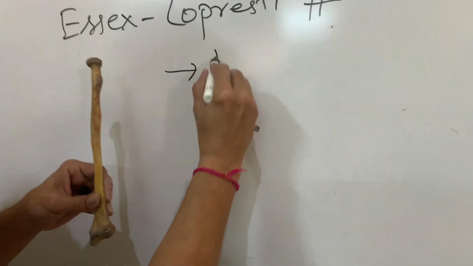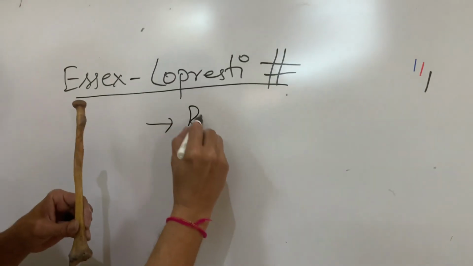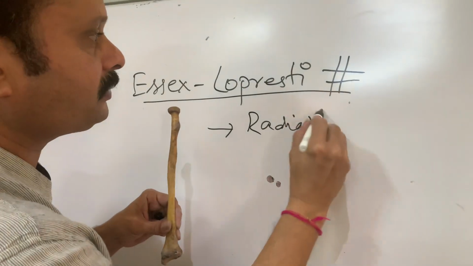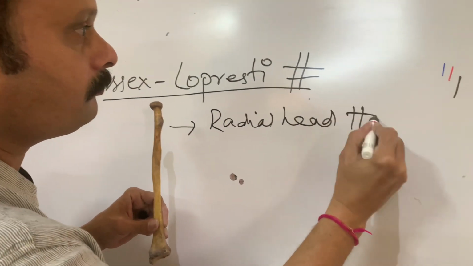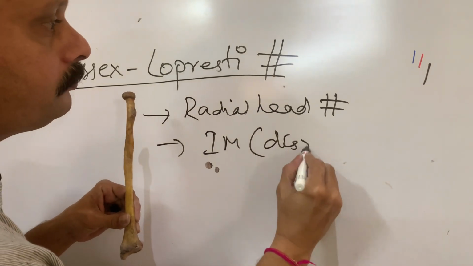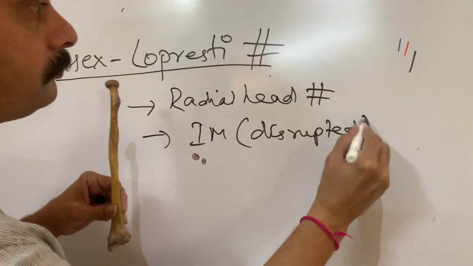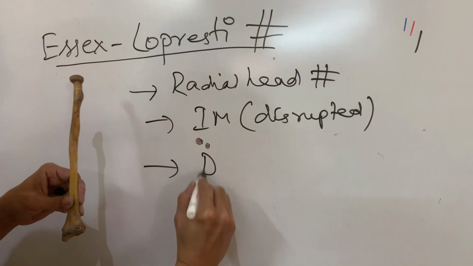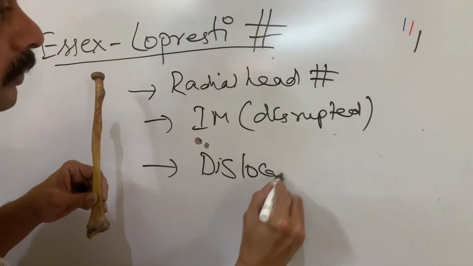So Essex-Lopresti fracture means radial head fracture, interosseous membrane is disrupted, and dislocation of the inferior radioulnar joint.